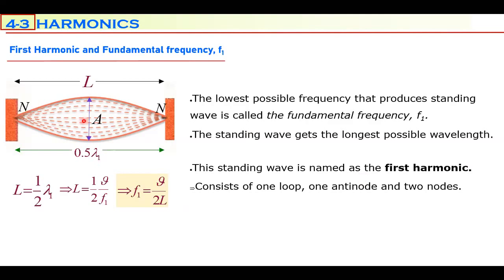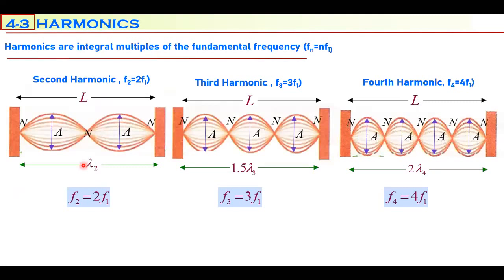Of course, there are other possible standing waves: second harmonic, third harmonic, fourth, fifth, and so on. In the second harmonic, we have two loops, two antinodes, but three nodes. This second harmonic will have a frequency twice that of the first one.